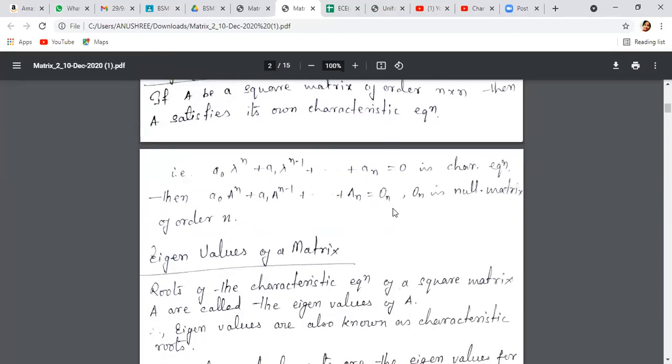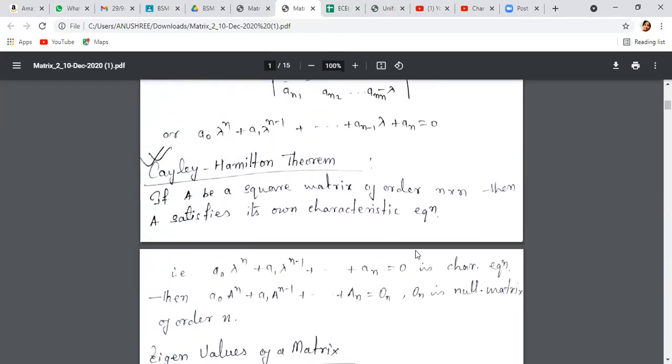Eigenvalues, they are coming later on. There is a theorem known as the Cayley-Hamilton theorem. What it says, see, it's a very easy one: if A is a square matrix of order n, any square matrix of order n, then A satisfies its own characteristic equation. That means whatever characteristic equation comes out in terms of lambda, that lambda can be replaced by the matrix A itself.